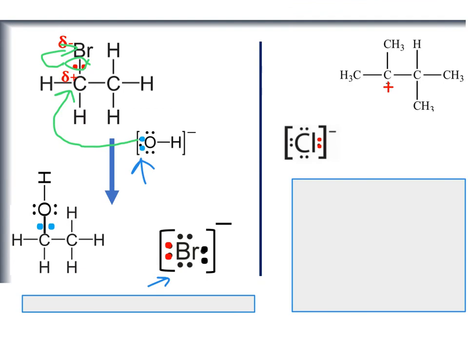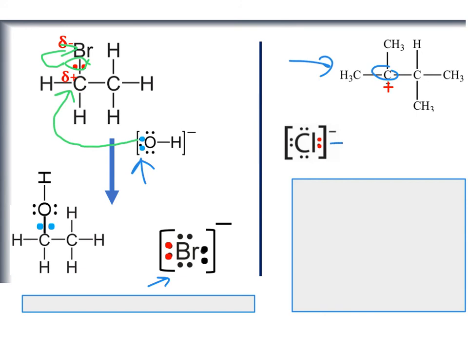Moving on to the second example, we have a carbocation. A carbocation contains a carbon with a positive charge, which is here. This carbon has only got three bonds, so it has obviously lost a group somewhere, so it has a positive charge. And I've also got a chloride ion hanging around. This is quite straightforward.